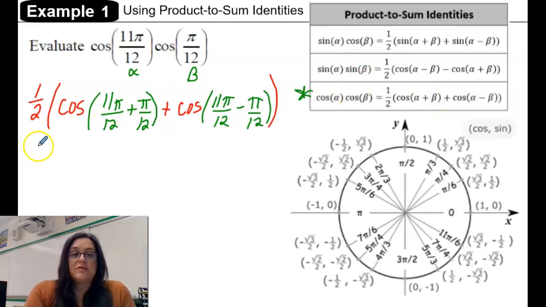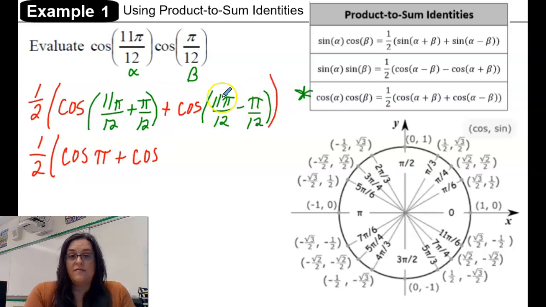Next, we're going to simplify. So we'll have 1/2 times the quantity cosine, and then 11 pi over 12 plus pi over 12 is 12 pi over 12, and that reduces to pi. Then we've got 11 pi over 12 minus pi over 12.